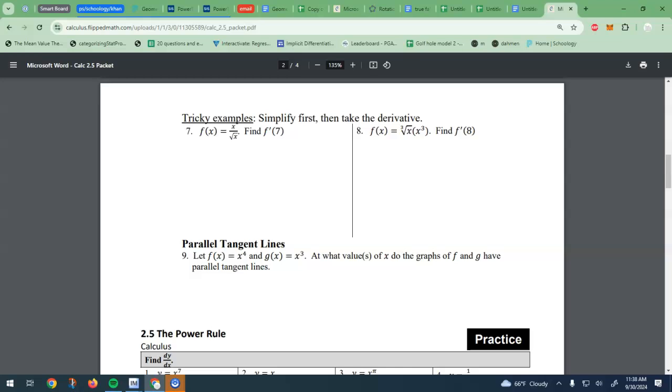What about that? 1 over x to the 5th, or x to the negative 5th. What about that? X to the 10th. Okay. It's just whatever you touch.